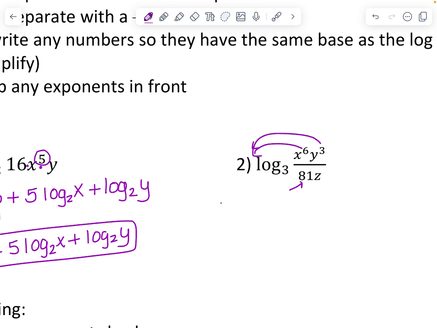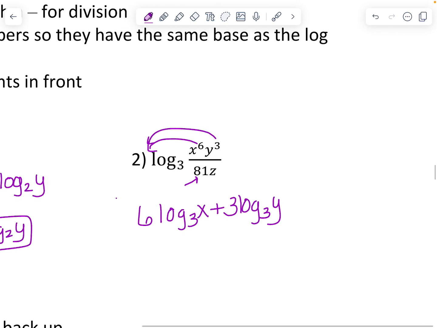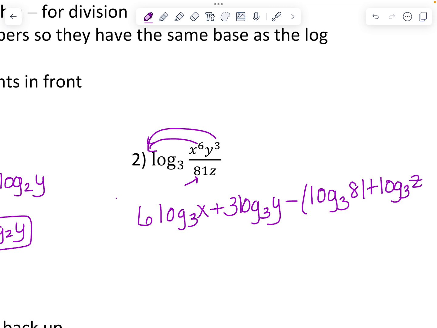So I have here log base 3 of x plus 3 log base 3 of y. That was all on top. Now minus, I'll do parentheses, log base 3 of 81 plus log base 3 of z.